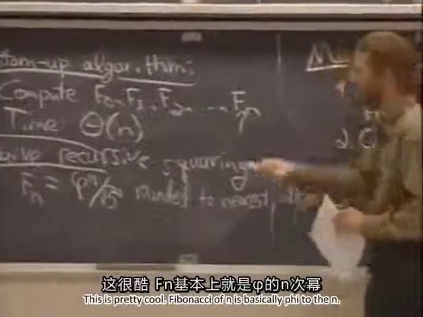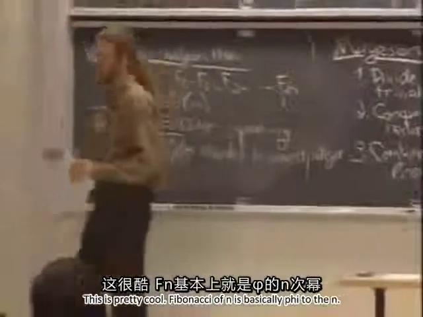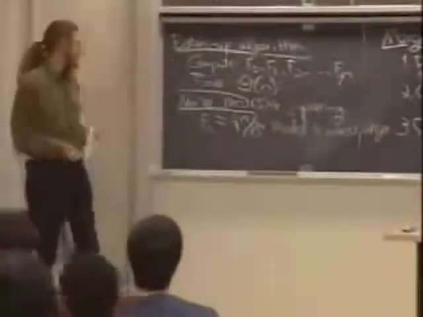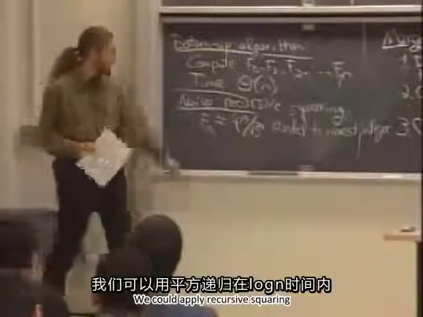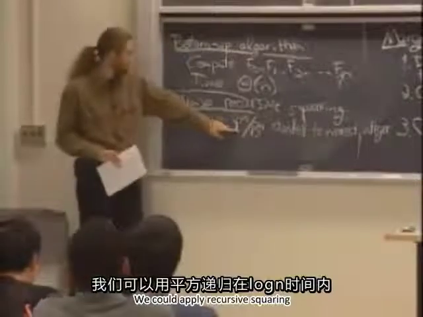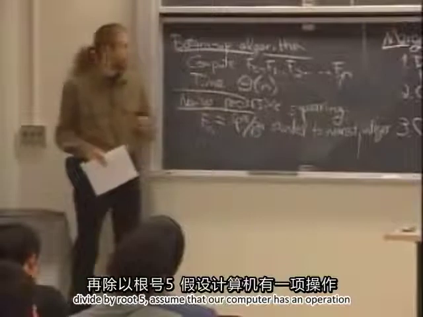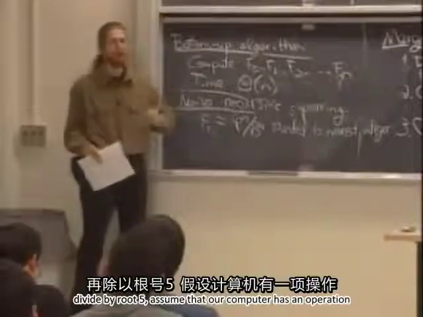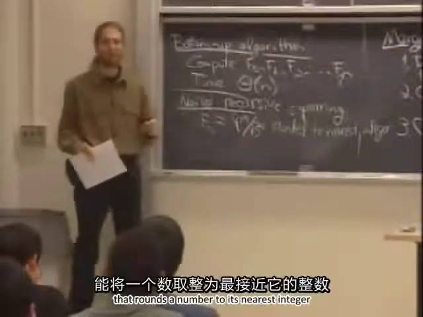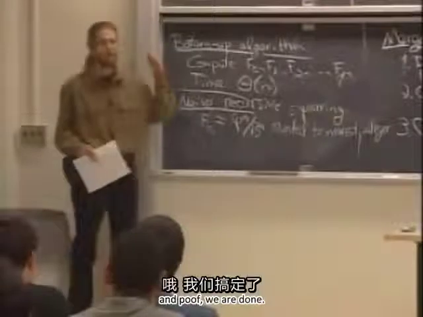Okay, this is pretty cool. Fibonacci of n is basically phi to the n. So we could apply recursive squaring to compute phi to the n in log n time, divide by root 5, assume that our computer has an operation that rounds a number to its nearest integer, and poof, we're done.